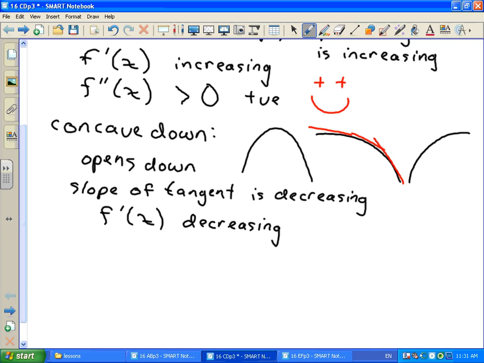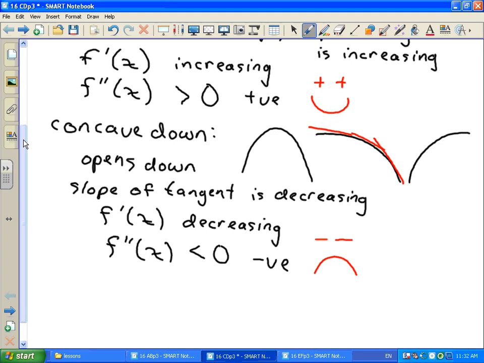So our second derivative has to be less than 0, or negative. Okay? And again, just like in our second derivative test, second derivative is negative, tells us that our curve is concave down. Okay?